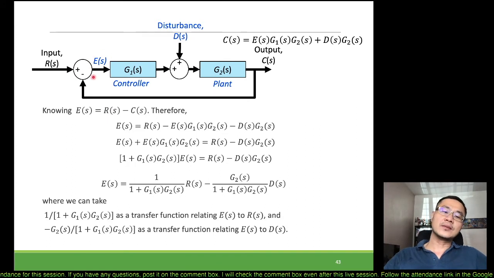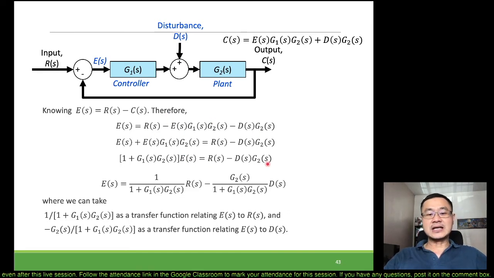Since we already know the output signal C(s), we just substitute into our equations and rearrange, and eventually we get the error signal in terms of the input signal as well as the disturbance signal. So we can explicitly separate them into these two terms.